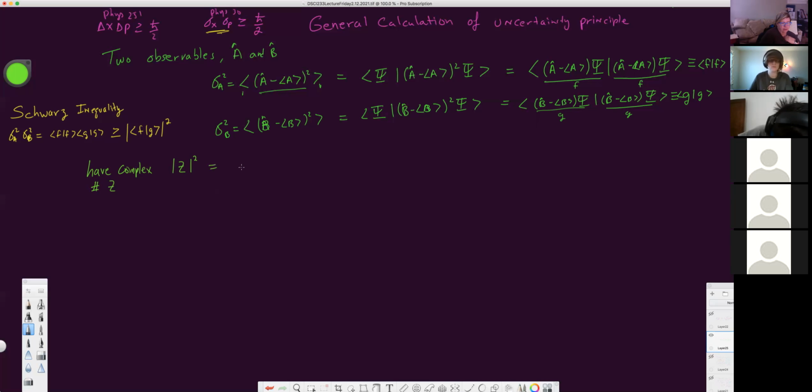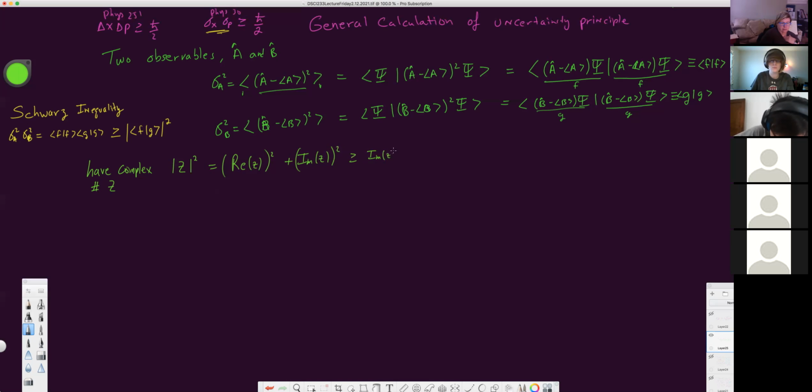We know that it's true for any complex number that the real part of Z squared plus the imaginary part of Z squared is greater than or equal to the imaginary part.